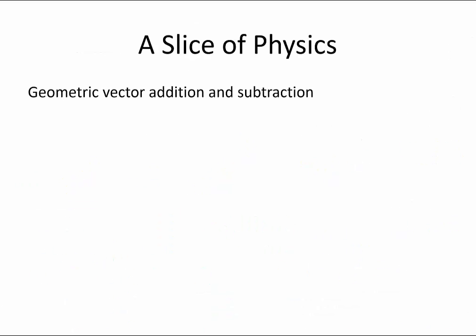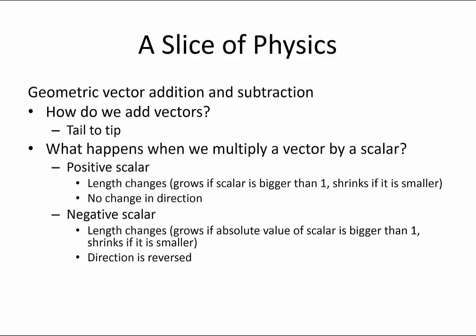So here are the 3 questions we set out to address in this slice of physics. How do we add vectors? We saw that you do that by moving the tail of one vector to the tip of the other and getting the sum as the original tail to the final tip. What happens when we multiply a vector by a scalar? Well, that depends on if it's a positive or negative scalar. If it's a positive scalar, the direction does not change.